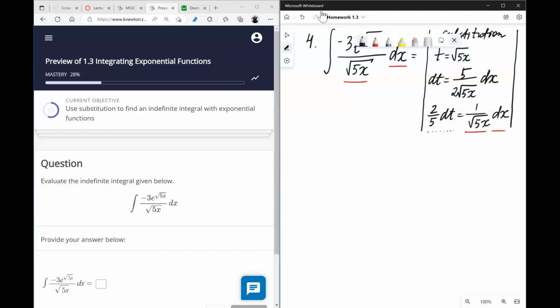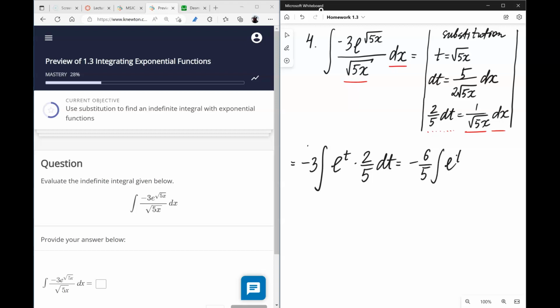So what we have here is, -3 goes outside. We have the integral of e to the power t, and everything else just becomes 2/5 dt. So now that we take out the 2/5, we get -6/5 integral of e to the t dt.